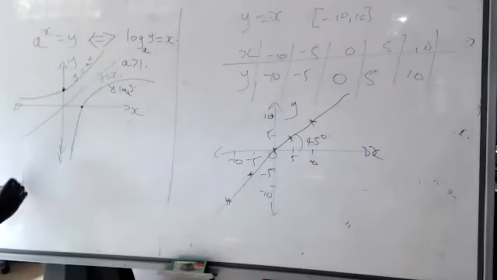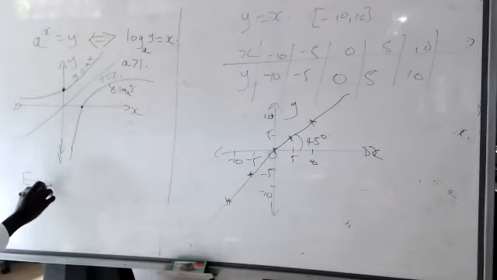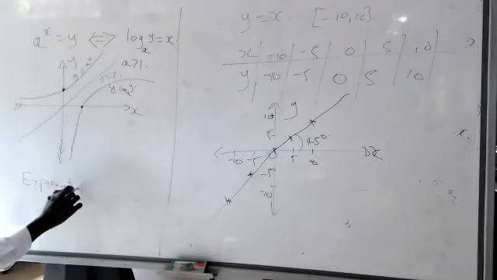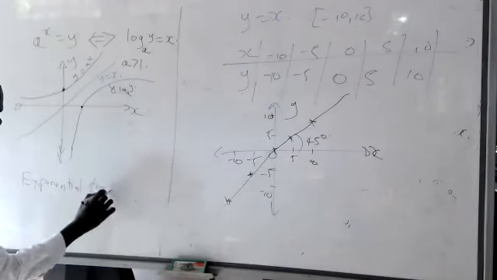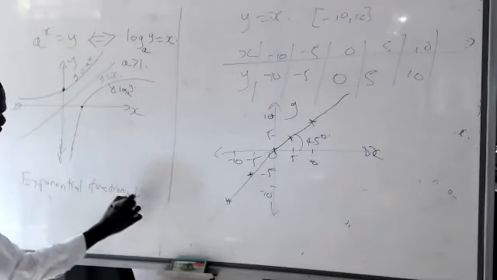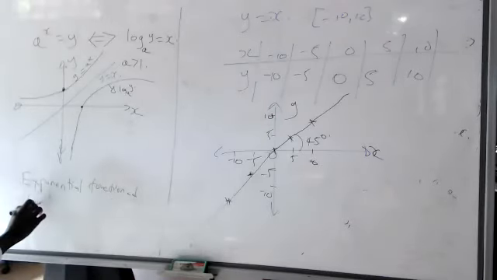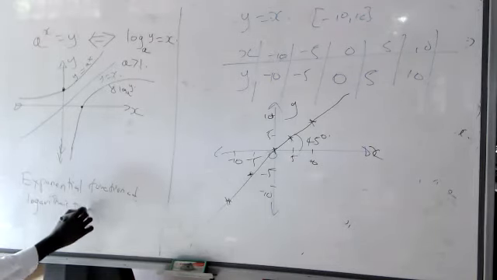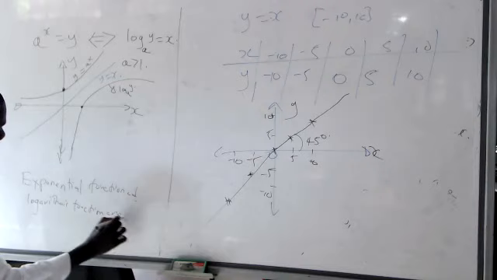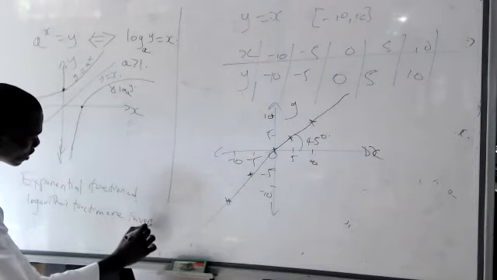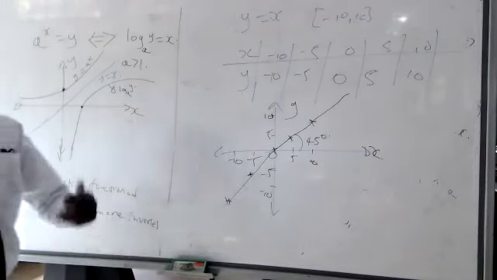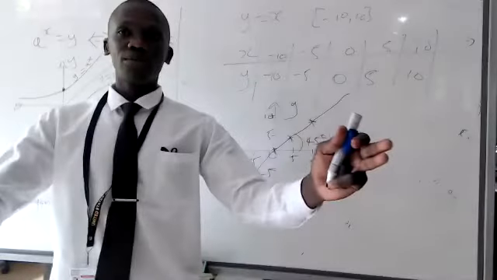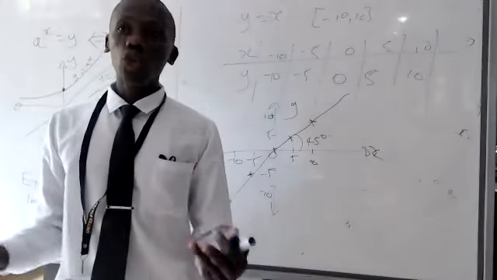The reason we're doing this is that exponential function and logarithmic function are inverses of each other. So what the logarithm function does, the exponential function will undo.